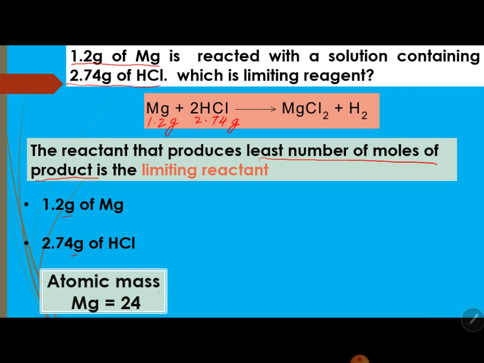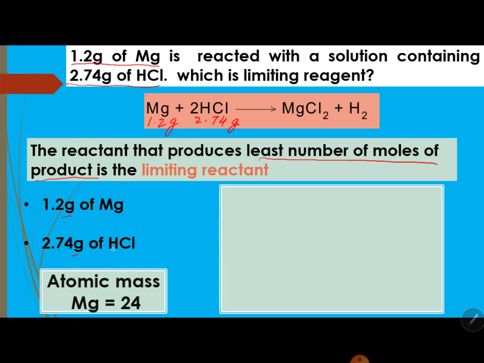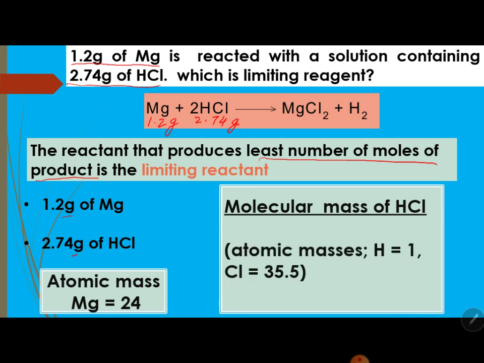We will use the atomic mass of magnesium, which is 24. The second reactant is HCl or hydrochloric acid. We will calculate the molecular mass of HCl. Atomic mass of hydrogen is 1 and of chlorine is 35.5. When we add these numbers, we will get the molecular mass of HCl, which is 36.5. Now we can convert these quantities into moles.